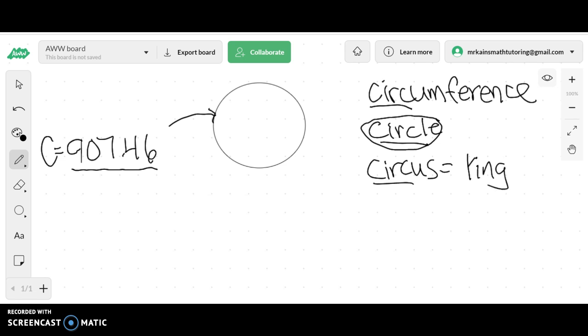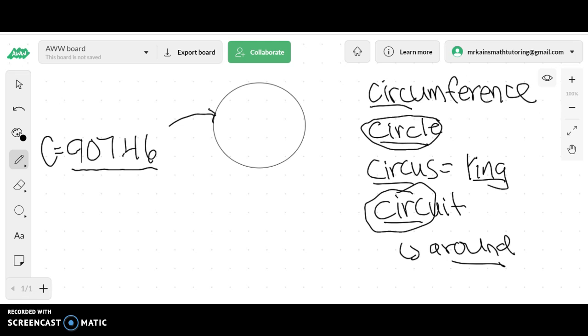So the circ will remind us that we're talking about a ring or a circle. Other words are things like circuit, which is a path of power that goes, a current goes in a certain direction, usually starts at one place and goes around to come back. So the circ really means to go around.